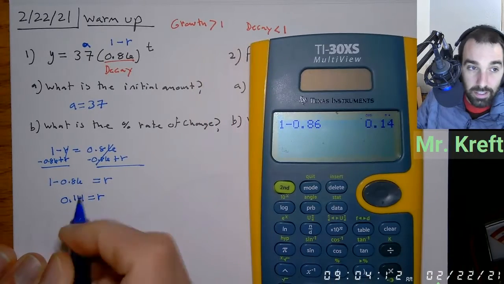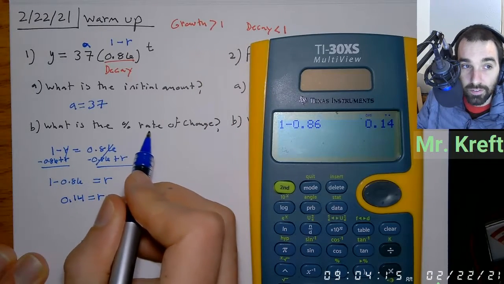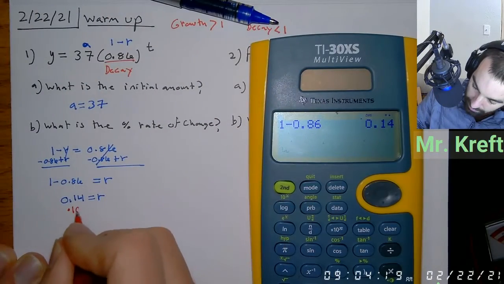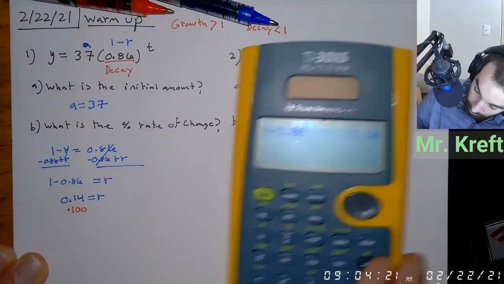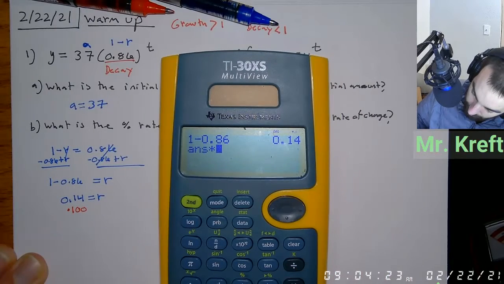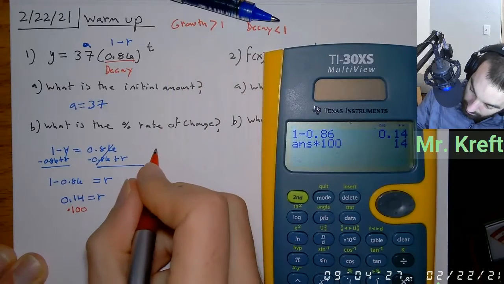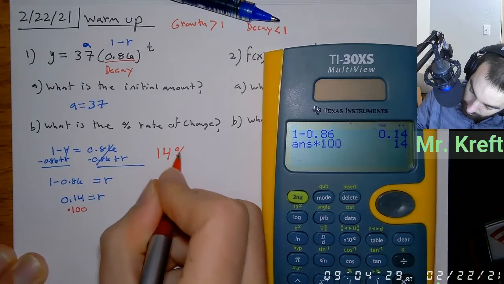That's all good as a decimal, but I want a percentage. So I'm going to multiply that by 100. I take 0.14 times 100, and I get that my rate is 14%.